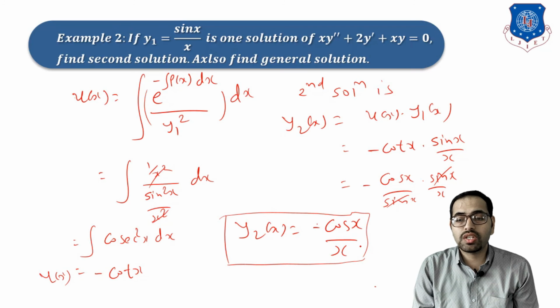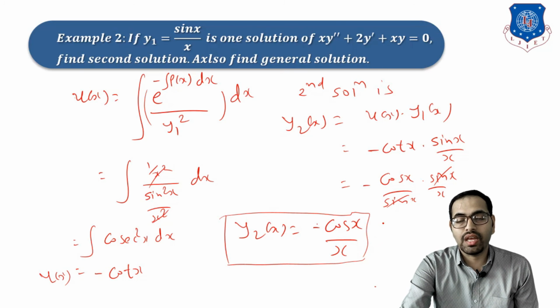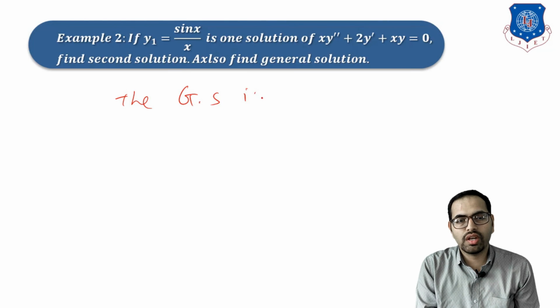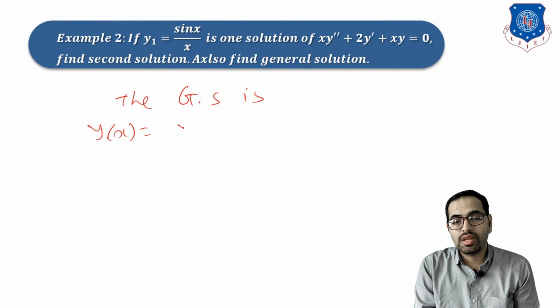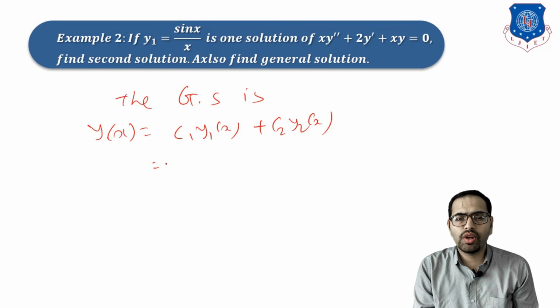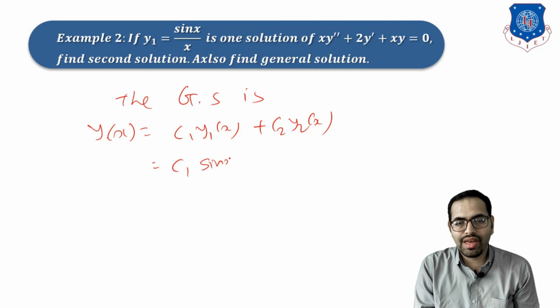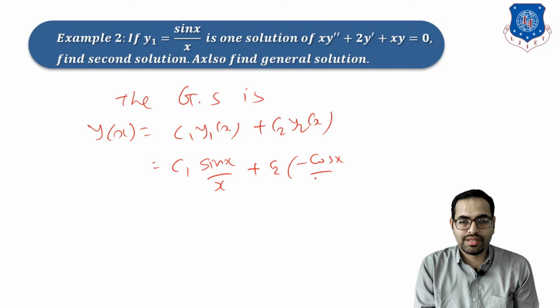Now let's move to finding the general solution. The general solution is y of x equal to c1 y1 of x plus c2 y2 of x. Just substituting the values of y1 and y2, y1 which is sin x by x and y2 which is minus cos x by x.